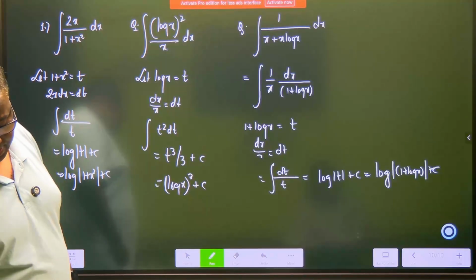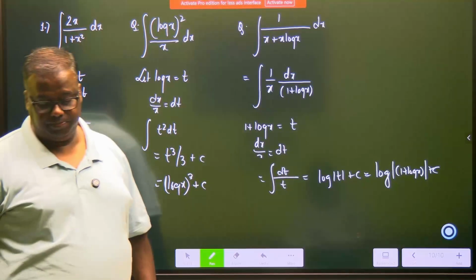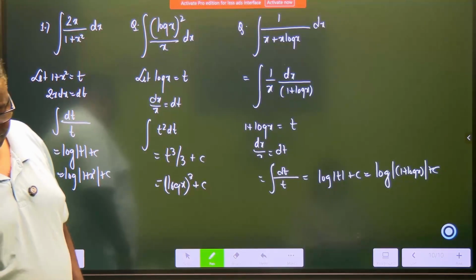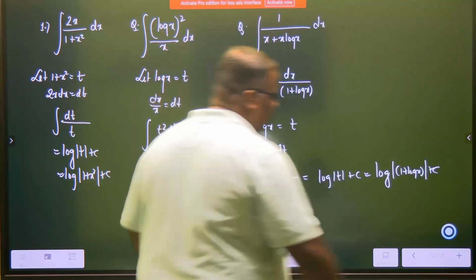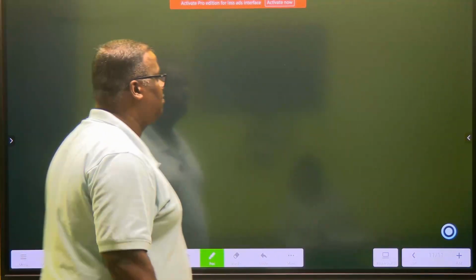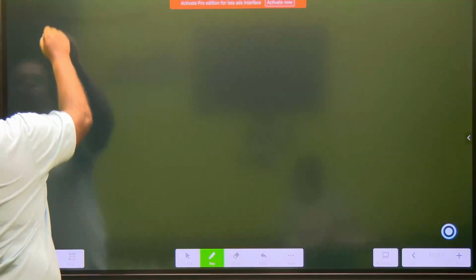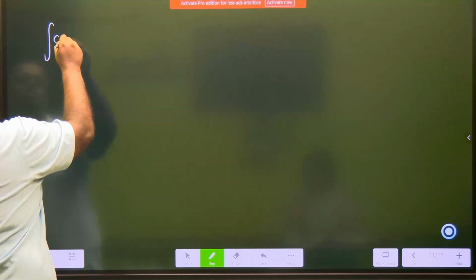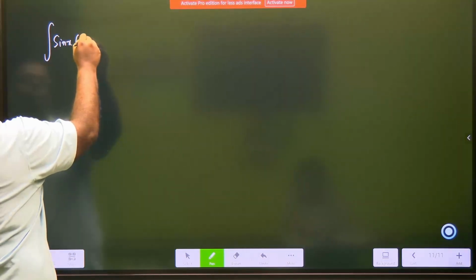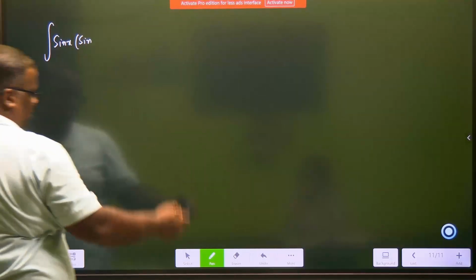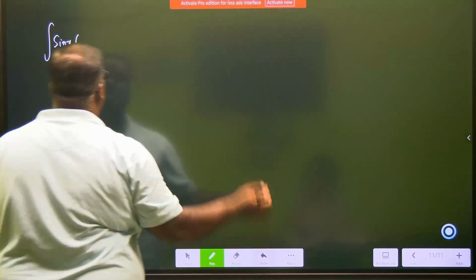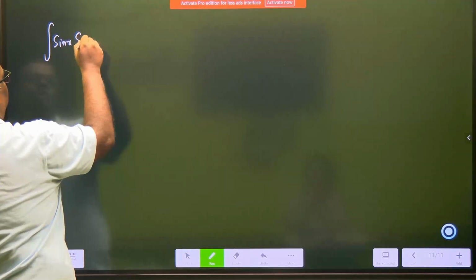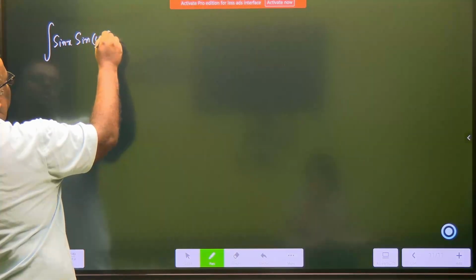Next one is also easy. Integral of sin x times sine of cos x, right? Have I written it correctly?